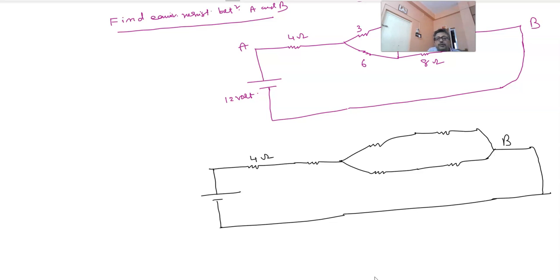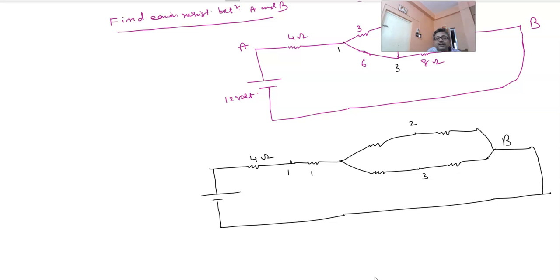So this one will be what? Now at this junction, if we refer to this one as 1, 2 and 3, then you can say this one remains 2, this one remains 3. This is not changed, this will be 1. So with 1 how much will be there? 3 into 6 by 3 plus 9 plus 6, 18 by 18.